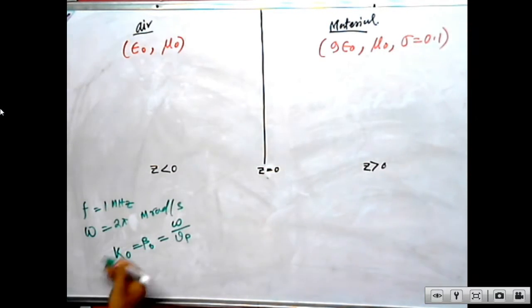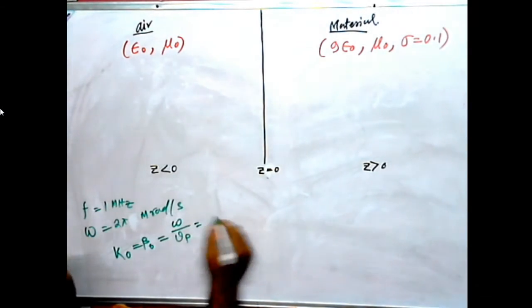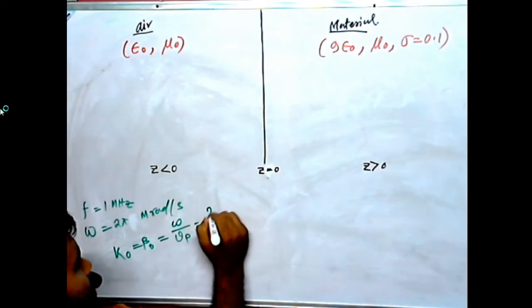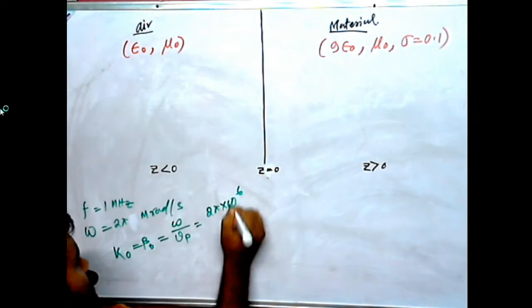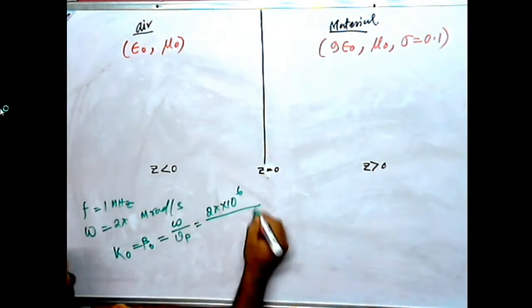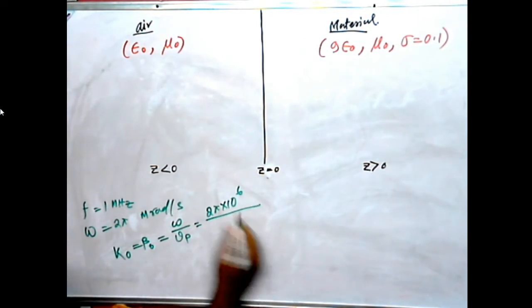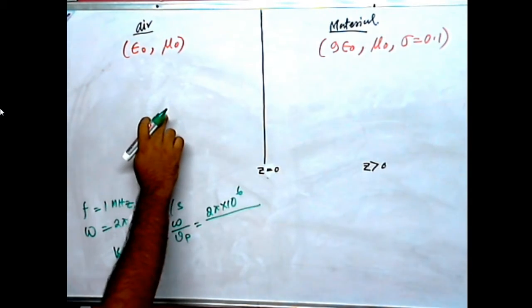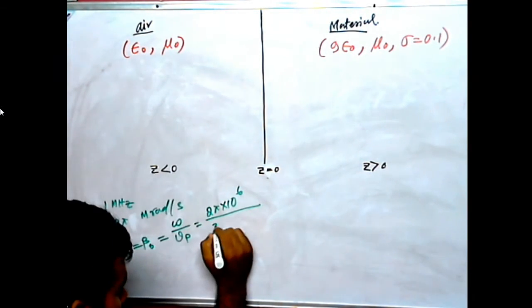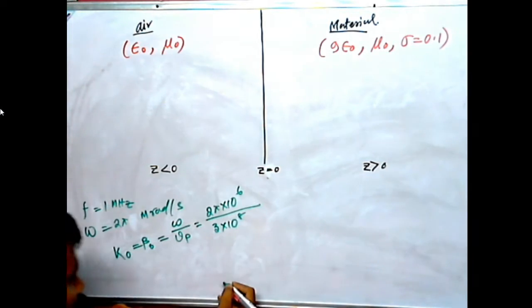So you can easily determine the value of k0. Omega is 2π × 10^6 radians per second, and Vp is the phase velocity in air, which is 3 × 10^8 meters per second.